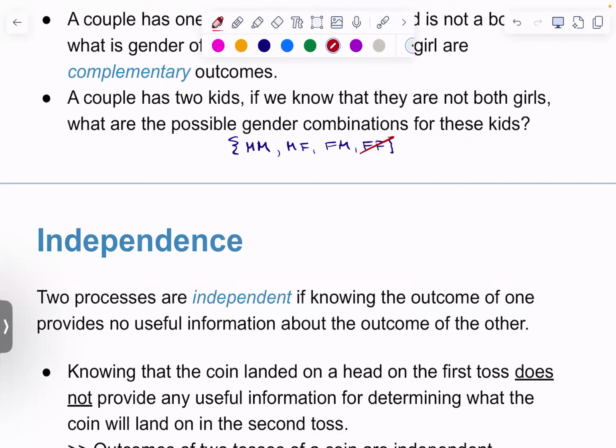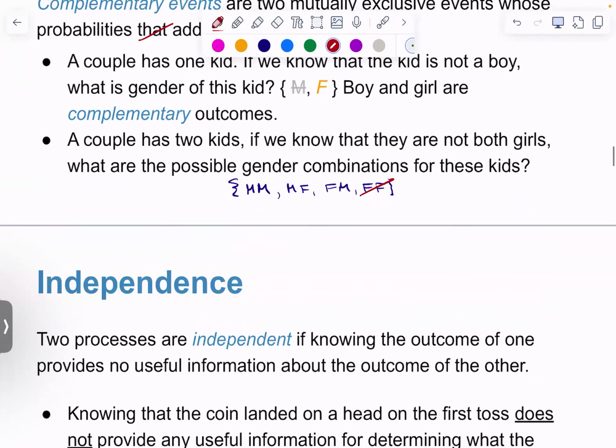What's the probability of not both girls? A couple of different ways that we could do this. I could say, okay, well, I've removed 1 out of the 4 possible outcomes, leaving 3 out of the 4 equally distributed outcomes. And so it's going to be 3/4. Or what could we do?